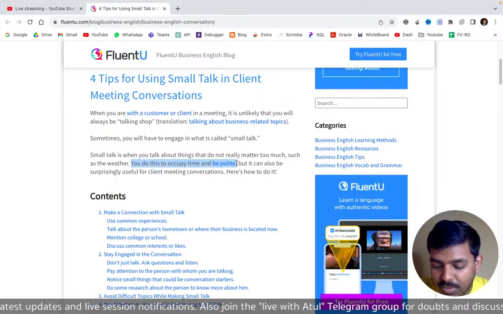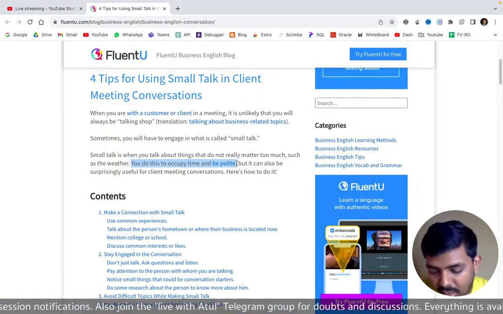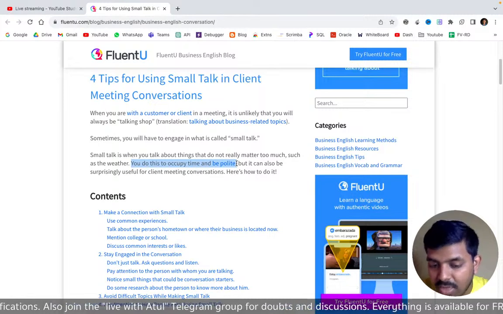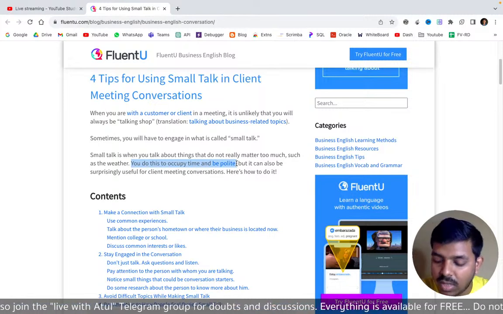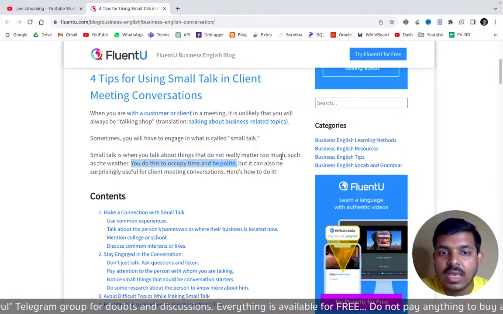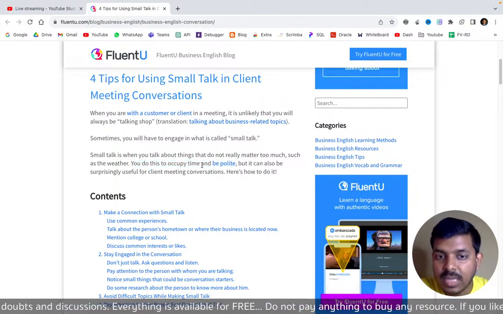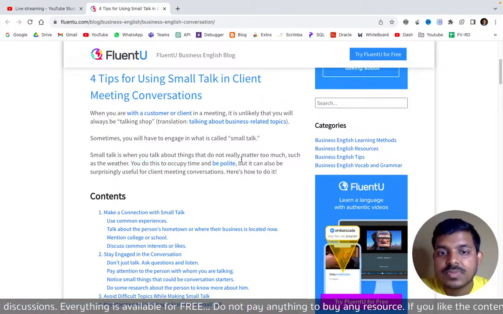Rapport will help you build the conversation, and that conversation will turn towards some trust, which will eventually lead to getting the work done for which you have gathered. Therefore it is done in order to occupy some time and at the same time show politeness.